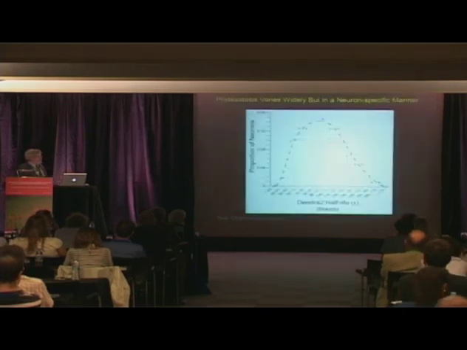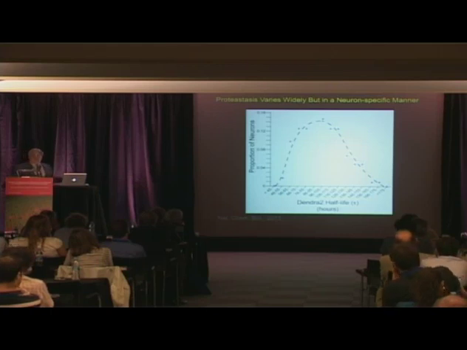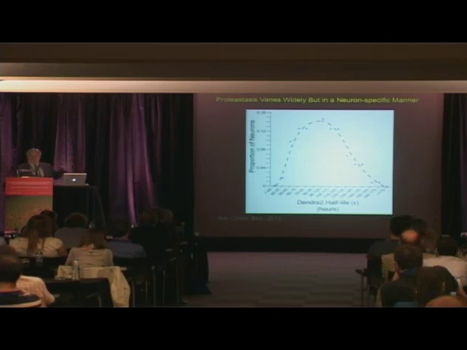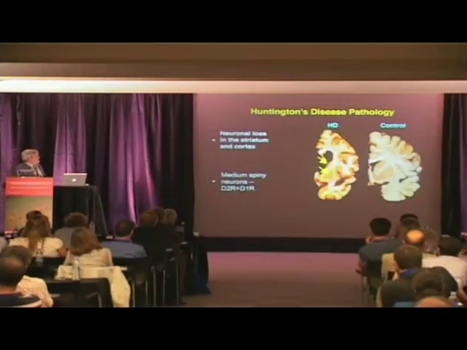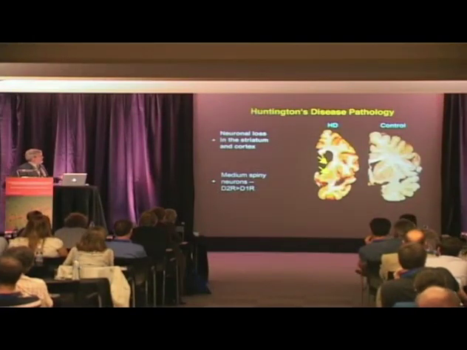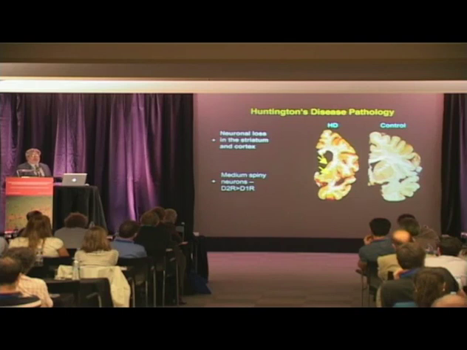To get at that a little more, we measured half-life for a model substrate, Dendro2, in a population of neurons, and we were shocked to find that it could vary up to 4-fold. So even though each measurement was quite tight, the actual half-life that we measured for individual neurons could vary substantially. We weren't expecting that. And so, to get back to this issue of cell specificity, why do some cells die in disease and others don't?